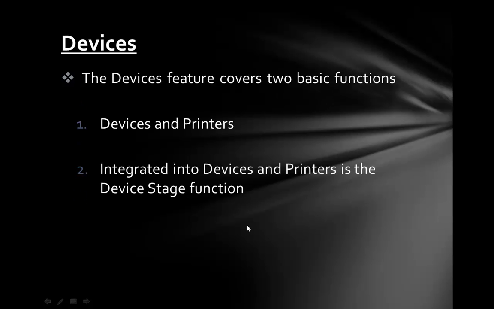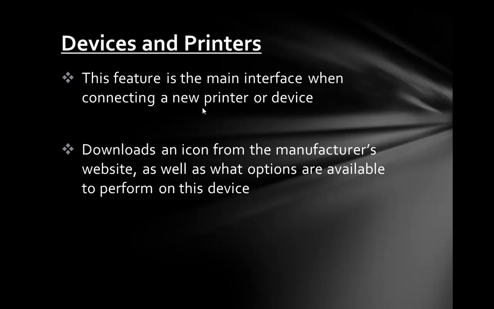Now to move on to our next feature, the devices feature, which basically covers two functions within the one feature. Your Devices and Printers function, and integrated into that is the Device Stage function. Your Devices and Printers function itself is going to be your main interface when you connect especially a new printer or a device into your system.